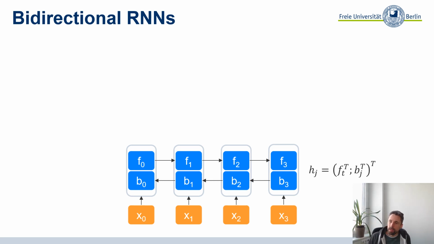Okay, so we'll concatenate these two hidden states into a vector h, yeah? And hj is the representation of the jth token.